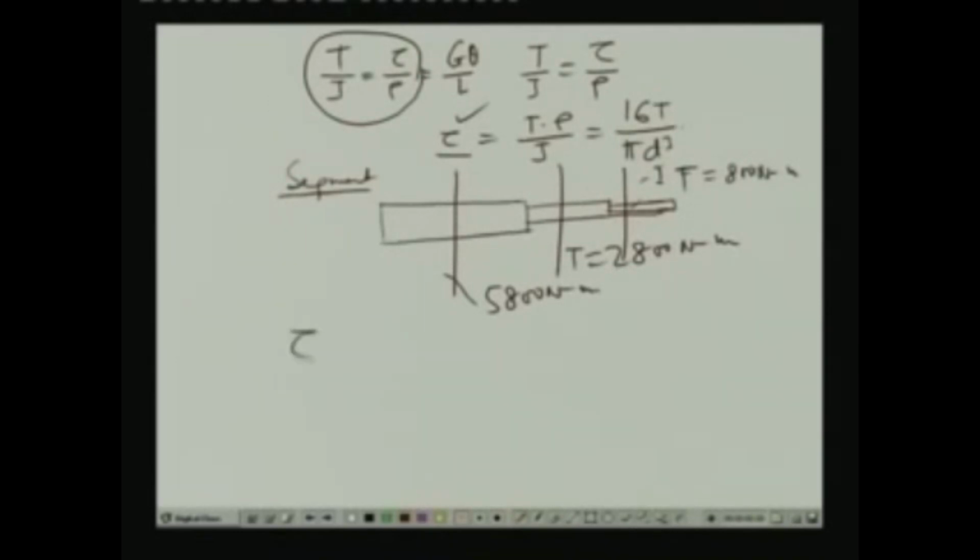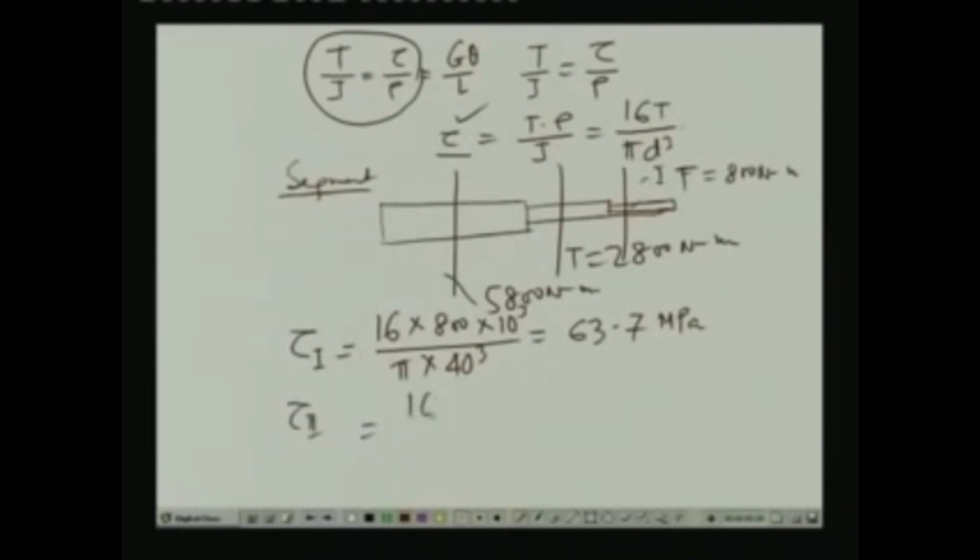Now, if we compute the values of the stresses corresponding to segment 1, segment 2 and segment 3: tau for segment 1 is equal to 16 times T, which is 800 Newton meter into 10 to the power 3, divided by pi times d cube, and d in this case is 40, cubed, and this comes eventually as 63.7 MPa. Tau for segment 2 is equal to 16 into 2800 into 10 to the power 3 divided by pi into 60 cube.